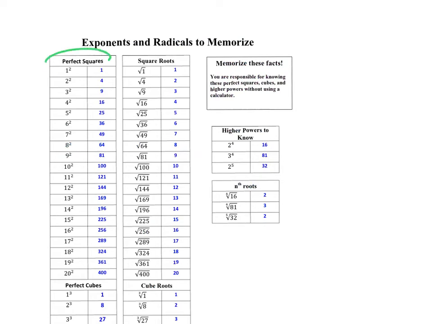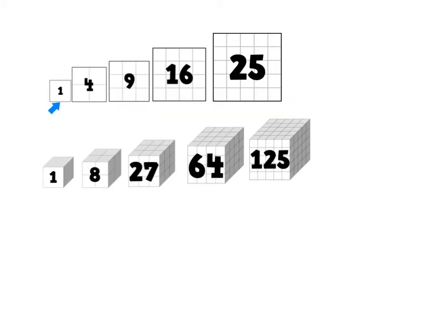Let's talk a little more about the words perfect squares and perfect cubes. 1, 4, 9, 16, and 25 are our first 5 perfect squares. 1, 8, 27, 64, and 125 are our first 4 perfect cubes.